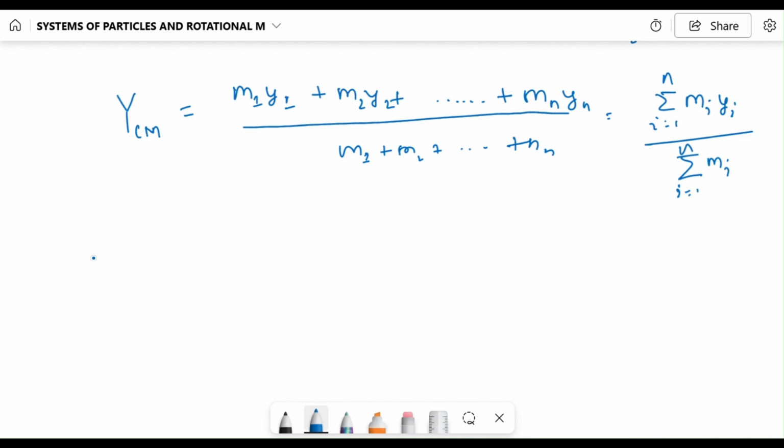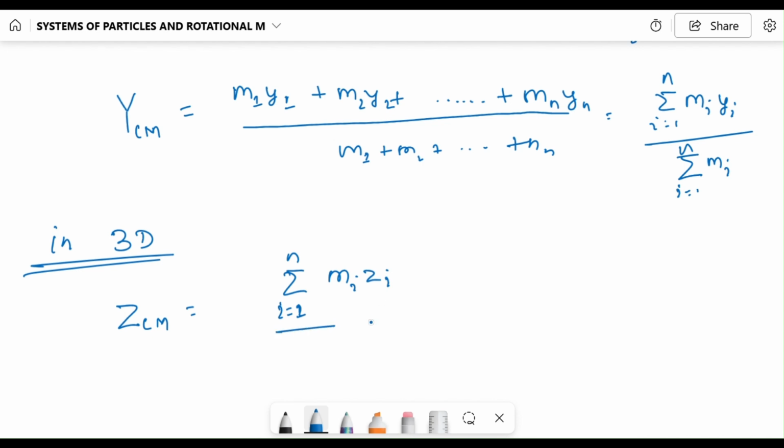We have three different dimensions now. So in 3D we will have to add another coordinate, and the same thing will be repeated: i equals 1 to n mi zi, the whole divided by i equals 1 to n mi.